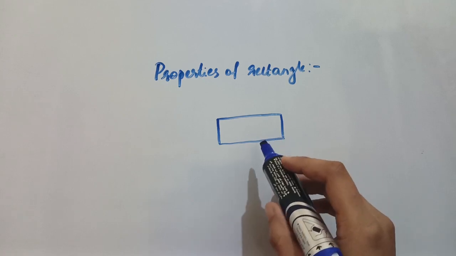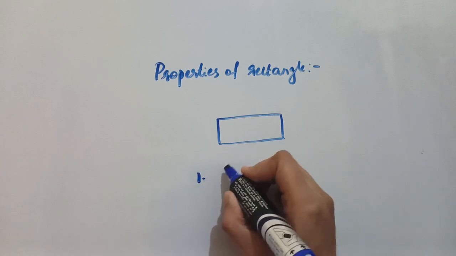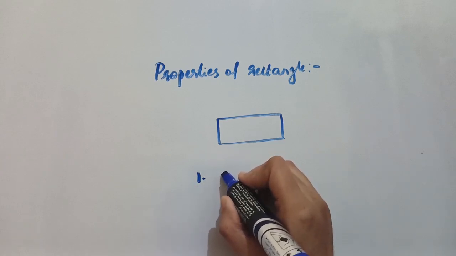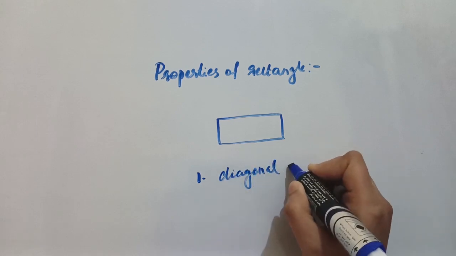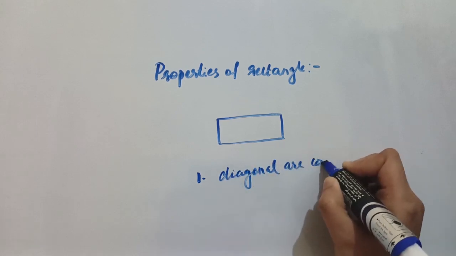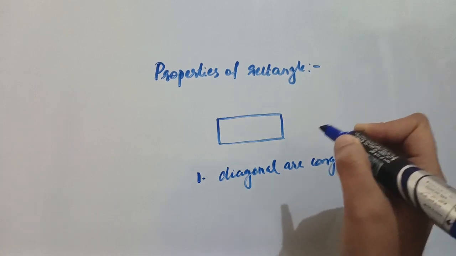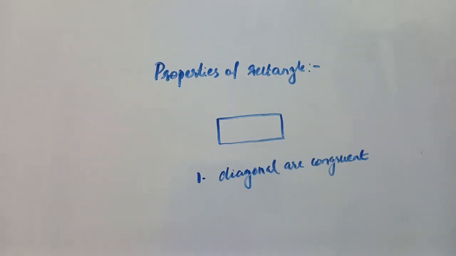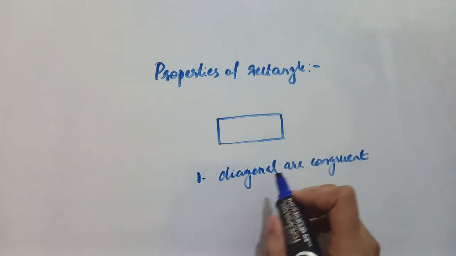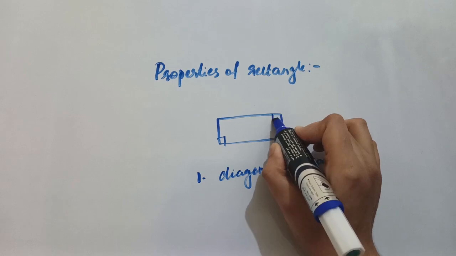Then a rectangle also has one additional property, that diagonals are congruent. So in total there are 5 properties for a rectangle, 4 from the properties of a parallelogram and 1 is that diagonals are congruent.